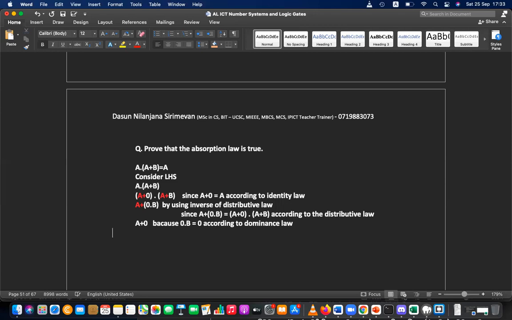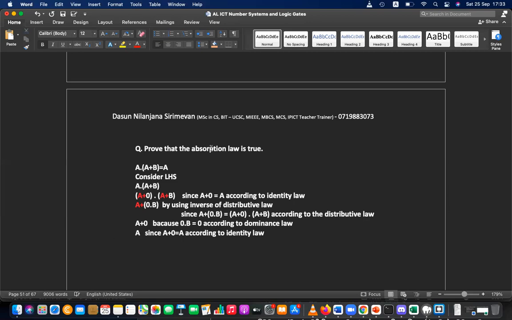Okay, so you can write as A or (A and 0), and A and 0 is A. Why? Since A or 0 is A according to the identity law.